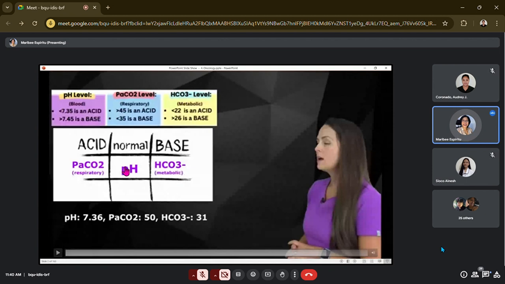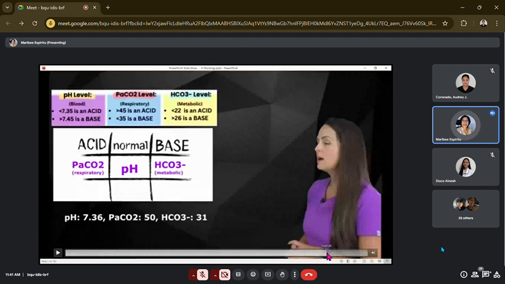So pagka ganyan, na normal yung pH, fully compensated, tingnan nyo yung pH. The pH is 7.36. Normal siya, di ba? But yung pinaka-normal natin is you get the midline. So ano yung midline ng 7.35 to 7.45? 7.4. So yun ang gagamitin nating parameter.